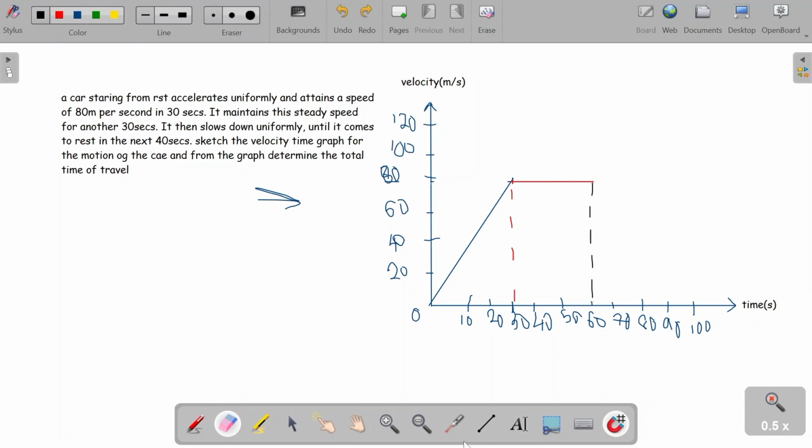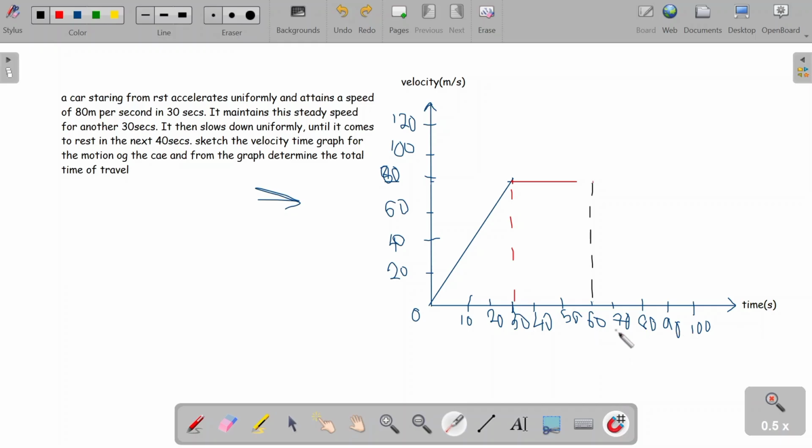Okay, now let's actually look at the last part. It says it slows down uniformly until it comes to rest in the next 40 seconds. So that means he slowed down until he reached rest. So not rest, it didn't go back like this. Rest is basically just this line. So it came back to rest in the next 40 seconds.